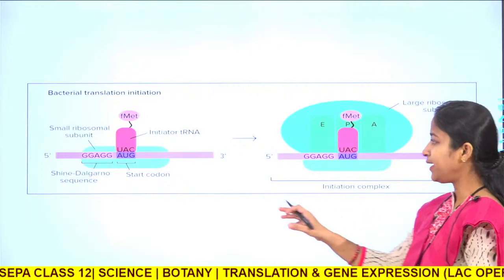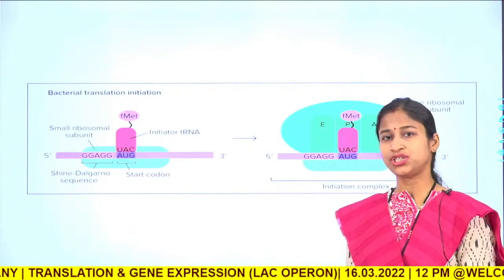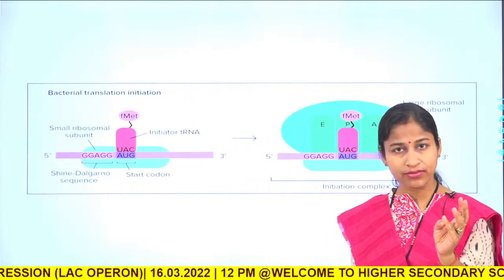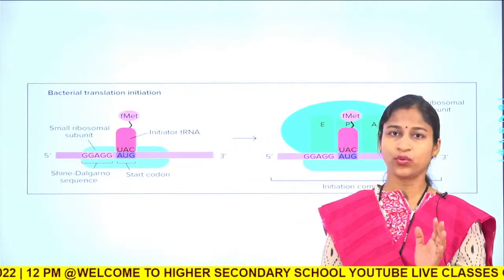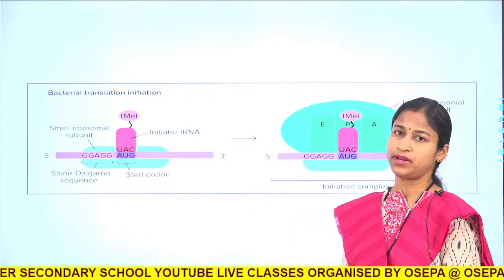Okay. The step of initiation is held by 3 factors, IF1, IF2 and IF3 in case of prokaryotes, and 9 factors in case of eukaryotes, but the mechanism is almost similar.